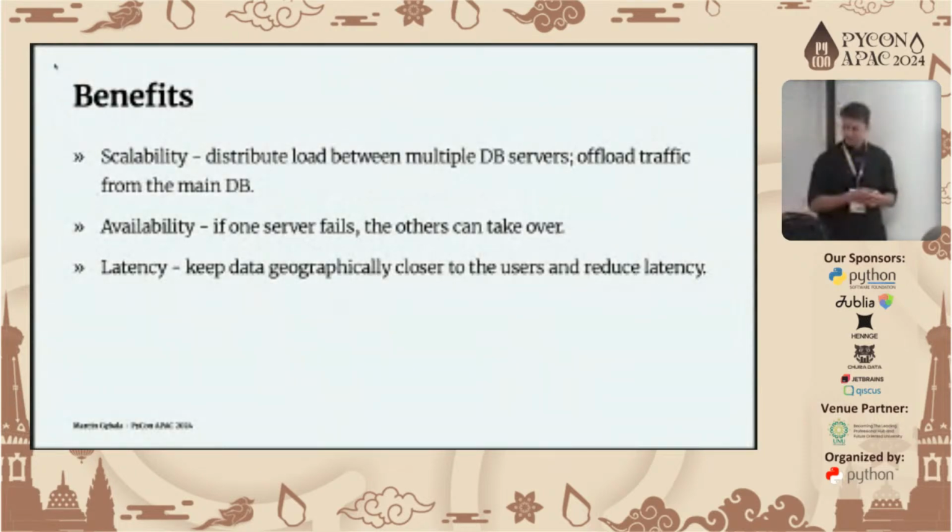If you have a large production with complex architecture, then it's really likely that something fails. For example, your main database server can fail because of network issues, disk issues, or many things can go wrong. So with database replication, you can easily replace your main database with one of the replicas.